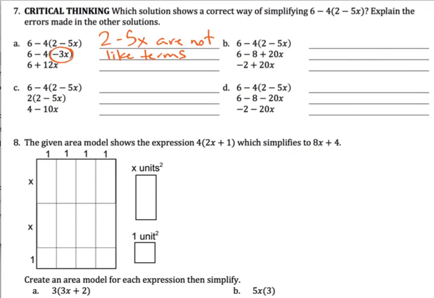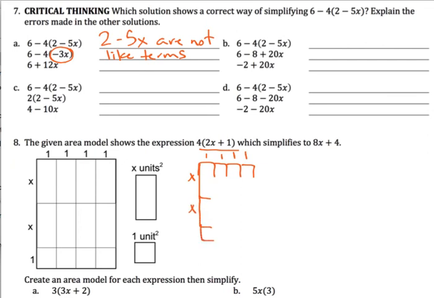What was the problem? Okay, on number 8, you're doing area models. There's already an example here doing 4 times 2x plus 1. Here's the 4. Maybe I'll write it again so you can see what it looks like to draw it. 4 across the top, and 2x plus 1. X is just going to be not the same length as 1.